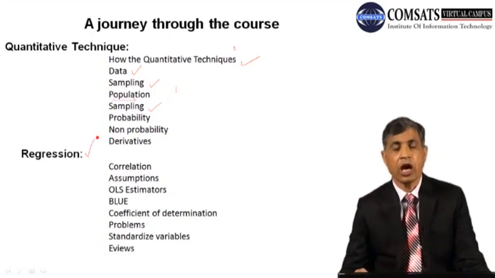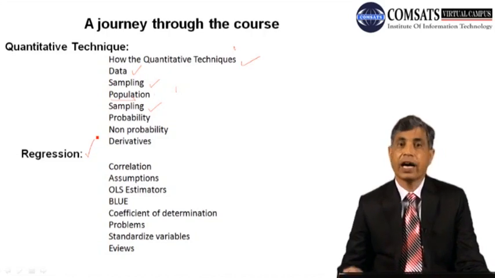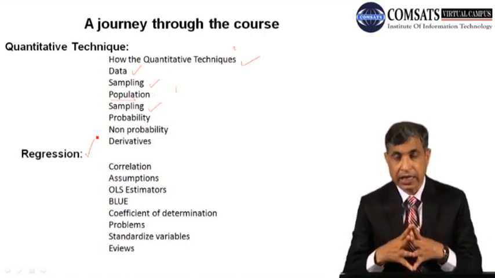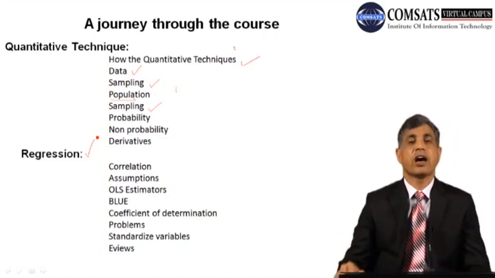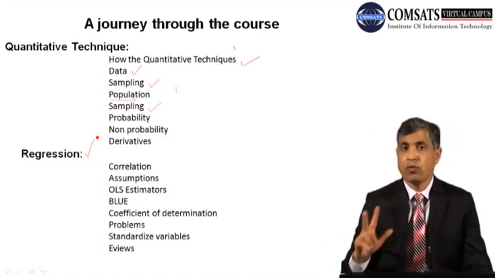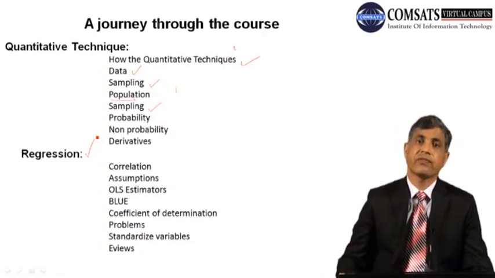After this, we started a very comprehensive topic, regression. In regression, we are interested in predicting the average value of the dependent variable on the basis of the independent variable. We talked about two kinds of regression.